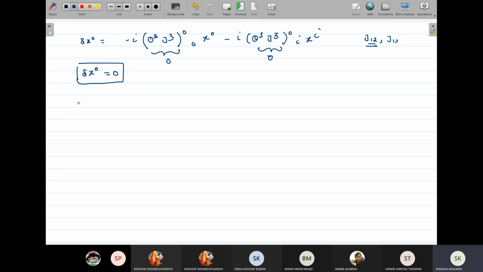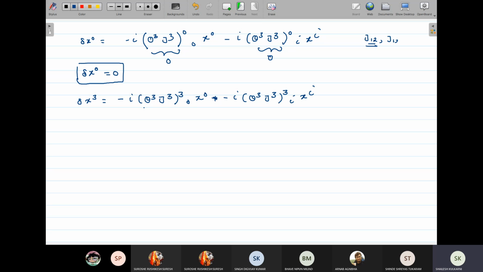Similarly, suppose I put delta x3, that means mu equal to 3. What am I going to get? Minus i theta 3 J3 3 0 x0 plus minus i theta 3 J3 3 i xi.